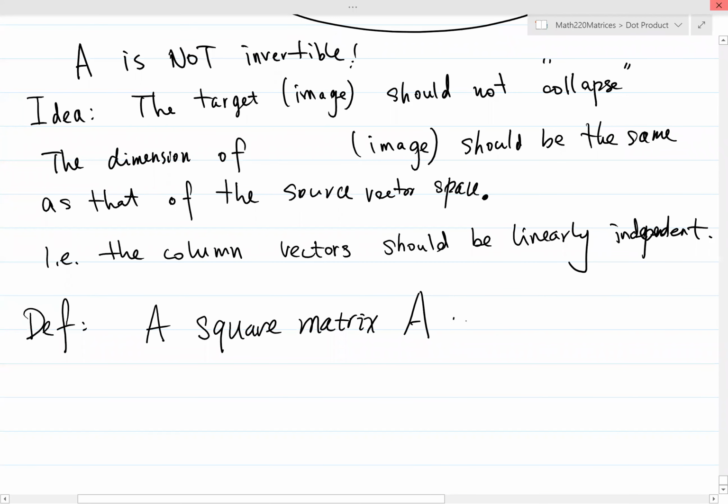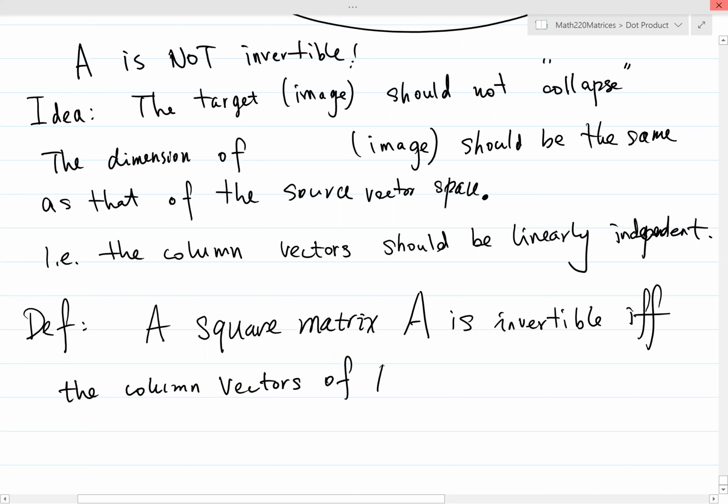A is invertible if and only if, this is the definition, the column vectors of A are linearly independent.